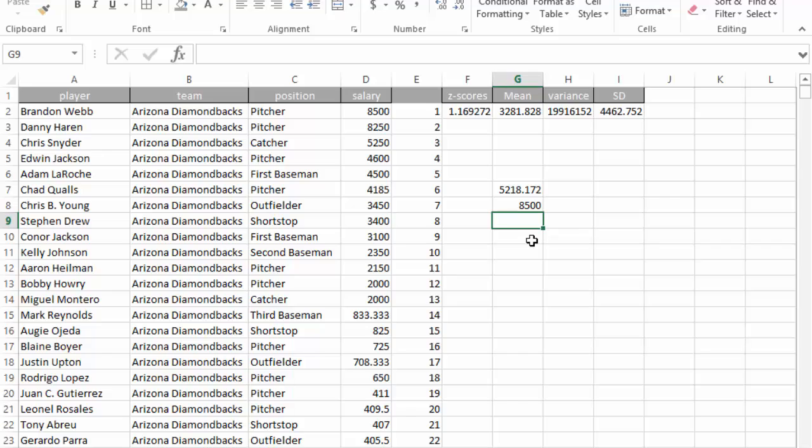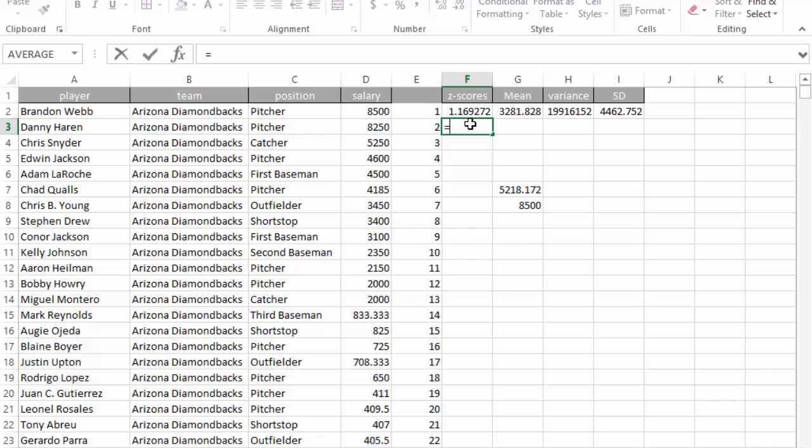So the z-score tells you how far Brandon Webb is from the mean, and in this case, it's 1.2 if we round up. So you can see that it's easier if we standardize it and have a mean of 0 and a standard deviation of 1, rather than a mean of 3.2 million and a standard deviation of 4.5 million.